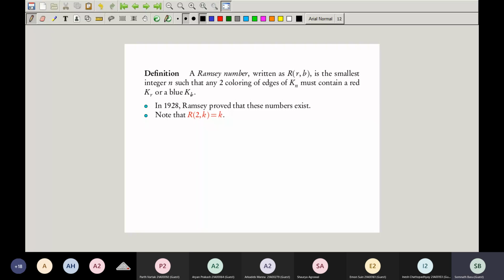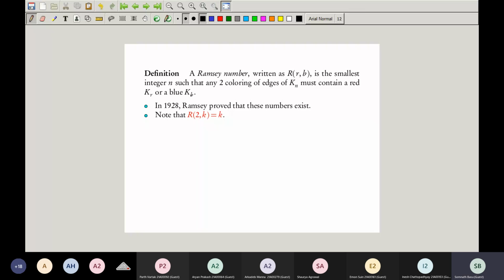It must contain a red edge, because a K2 is an edge. Or if it does not contain a red edge, all the edges are blue, which means you practically get back K_n. So if you take the complete graph on k vertices, you either color everything blue, in which case you get a blue K_k, or you color one of the edges red, in which case you get a K2 in red. So that's why R(2,k) is k.